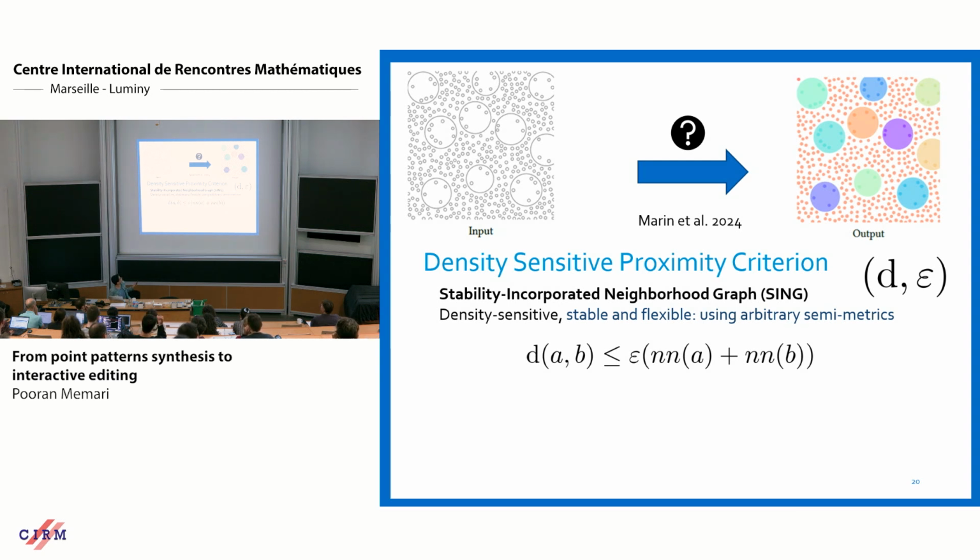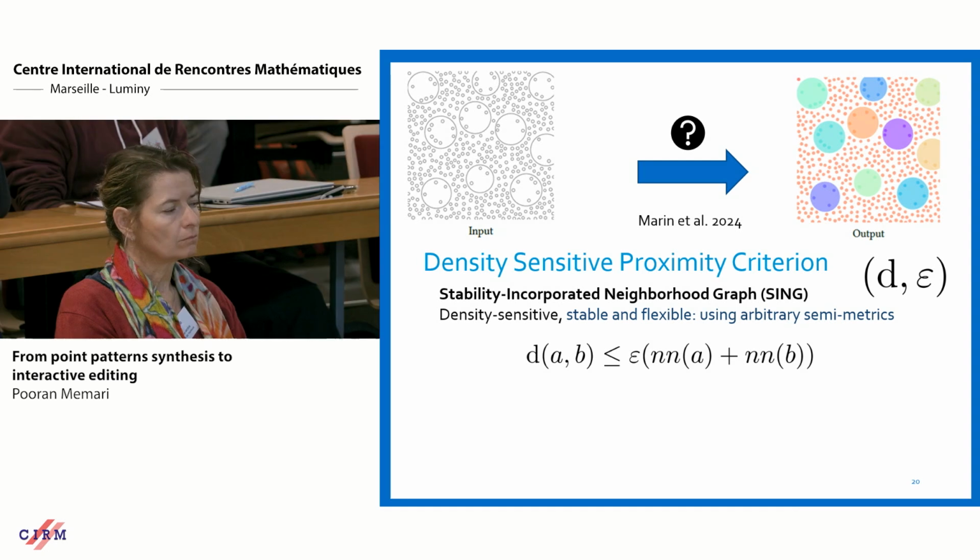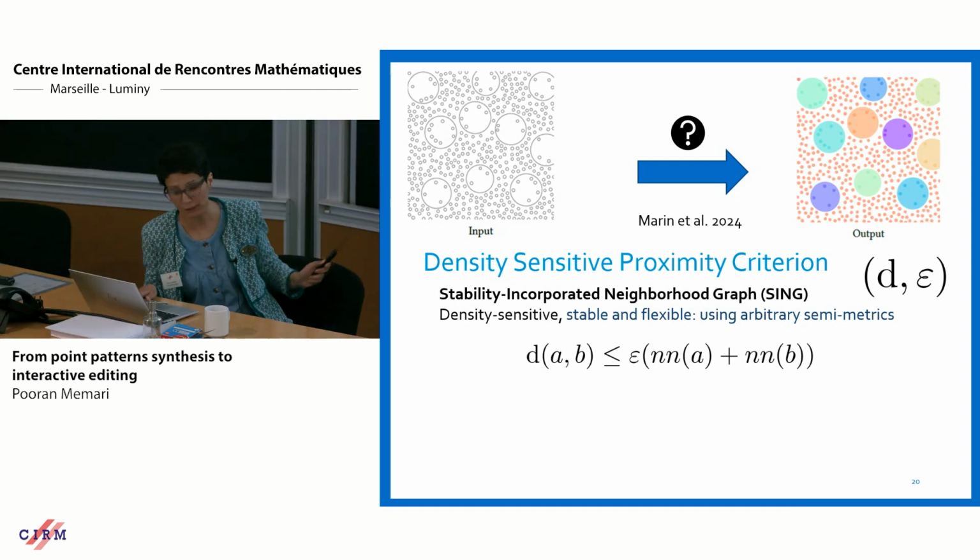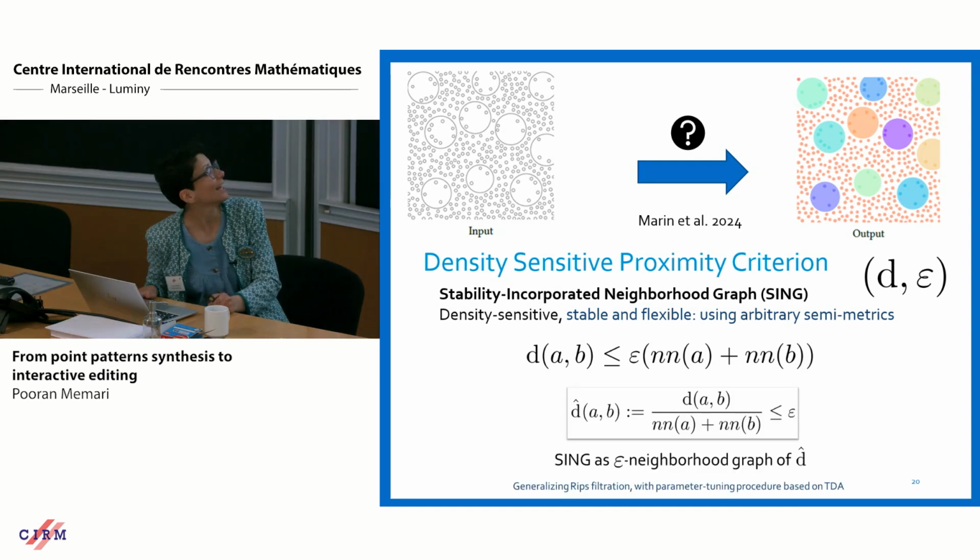And in order to make it stable in terms of this choice of parameter, what we have done was to simply consider this new dissimilarity semi-metric. It's not a metric, it's a semi-metric.